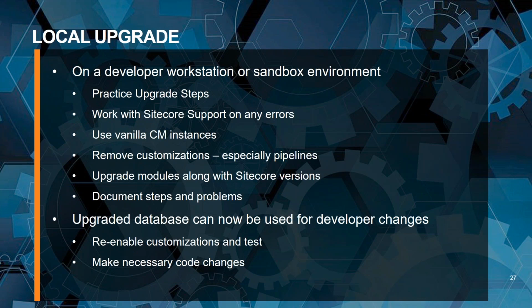As I mentioned, we need to repeat the process in several environments, and typically we start with the developer's workstation or an integration box, then QA and so on. That gives good practice to learn all the upgrade steps and repeat the process.